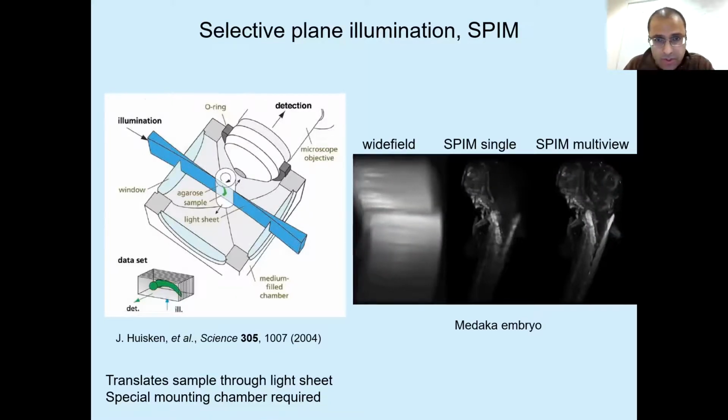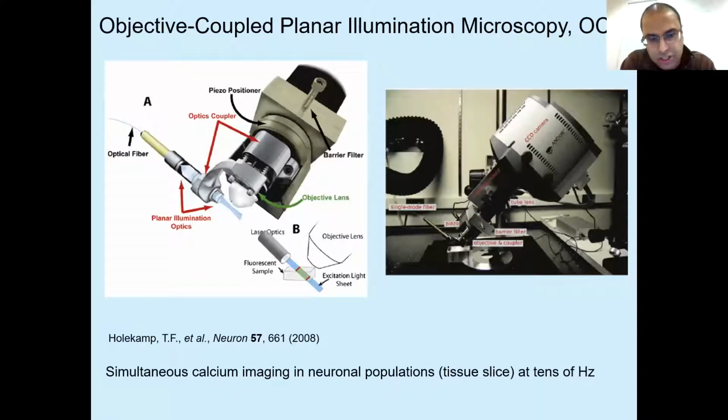Okay, so another early implementation from Tim Holy's lab at Washington University was the so-called objective coupled planar illumination microscope, or OCPI. Again, you made a light sheet with a little cylindrical lens, and then the detection lens was physically coupled with this coupling metal piece.